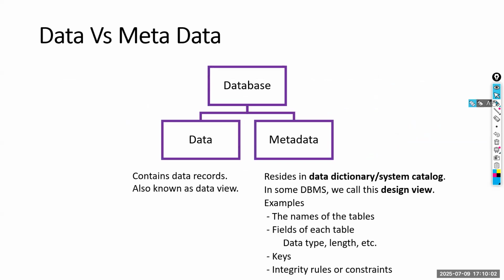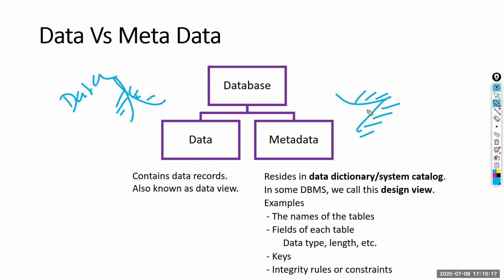It's again the way we look at it. We can look at the data, or we can look at the metadata. Sometimes we call this data view and design view. But the official or technical term is data and metadata.